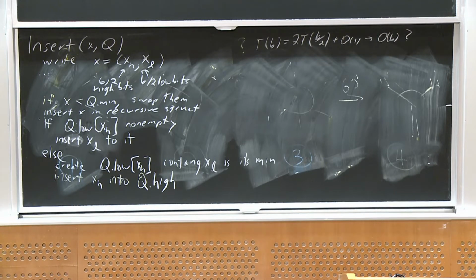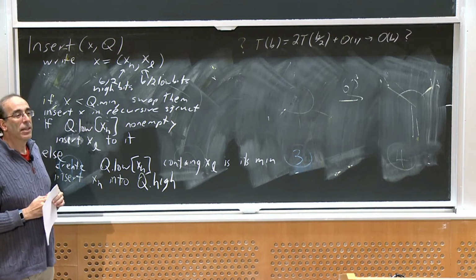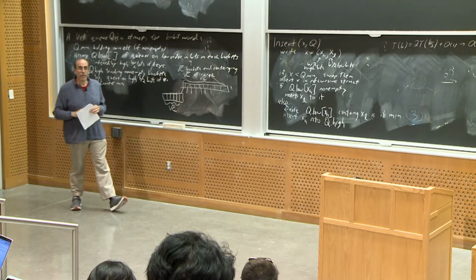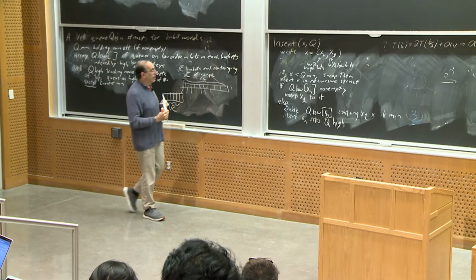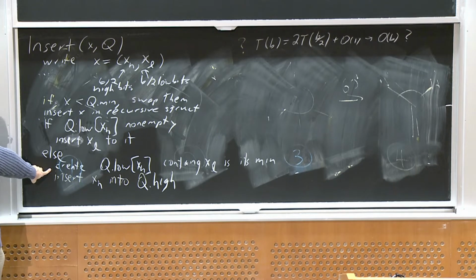Okay. Now, how is this wrong, given that we do, in fact, do 2 recursive calls? Because if you're creating q.low of xh, that it's like, oh, one word. Exactly. So in this branch, we only do 1 recursion. In this branch, we do 2 recursions, but one of the 2 recursions is trivial because we are creating a queue with 1 element in it.